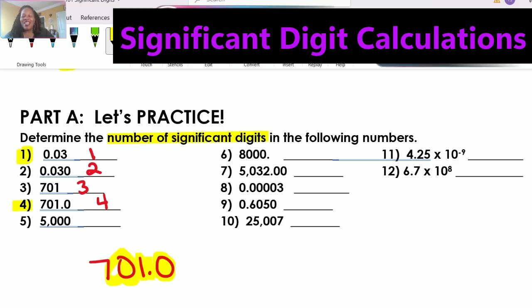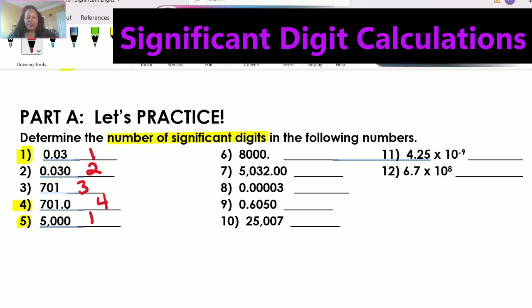All right, let's look at number 5. You've got 5,000. That's a 5 with a comma for number 5. How many sig figs do you see here in 5,000 with the comma? Okay, all right, several of you are saying 1. You are correct. Very good. All right, let's look at number 6 now.